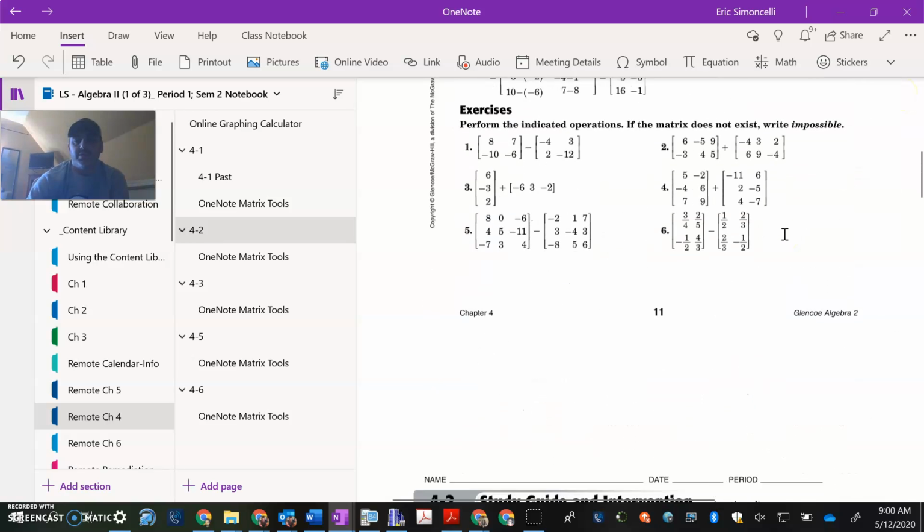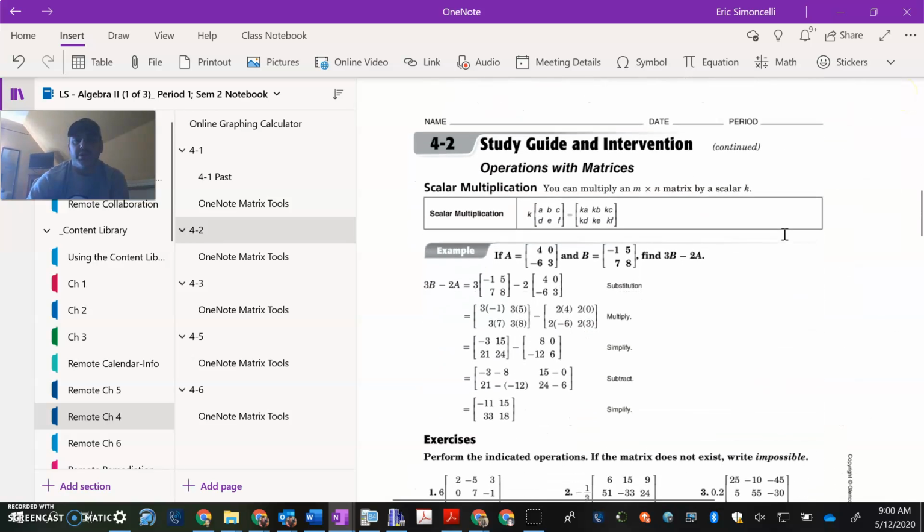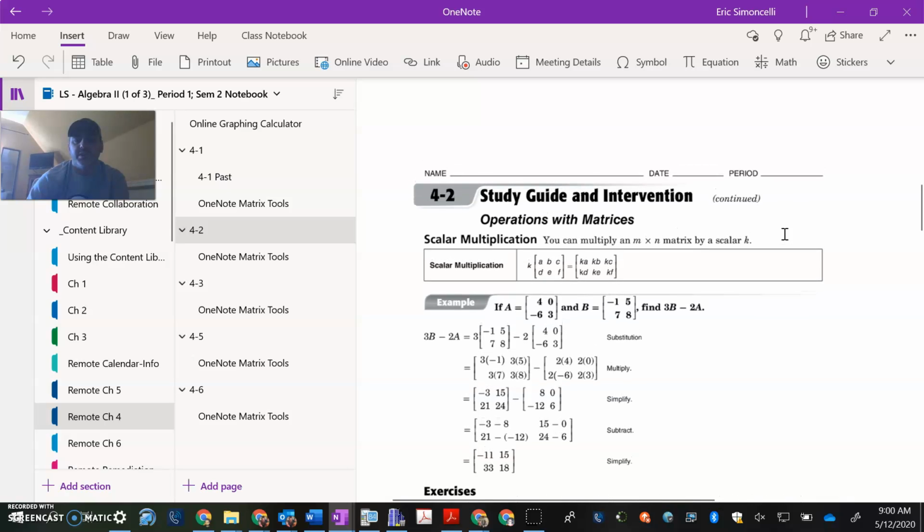As you can see, on the next page, we're talking about something called scalar multiplication. You can multiply an m by n matrix by a scalar k. So for this general case, you can see k, some number, which is all a scalar is, times this 2 by 3 should be equal to, and it's as easy as literally distributing k times a, there's the first value, k times b, k times c, and so on, k times d, e, and f.